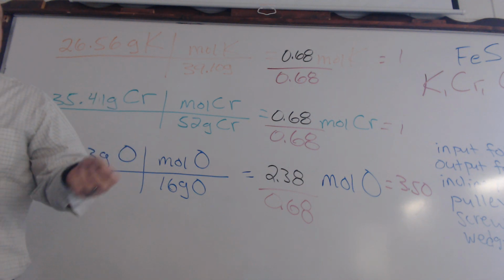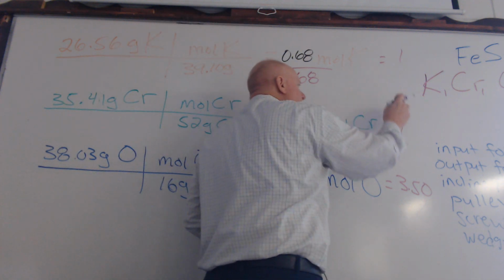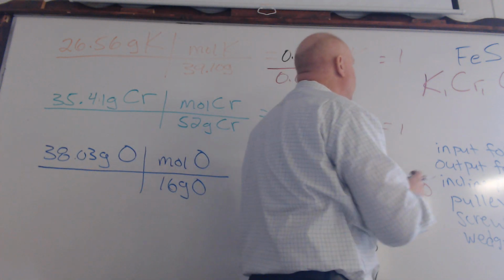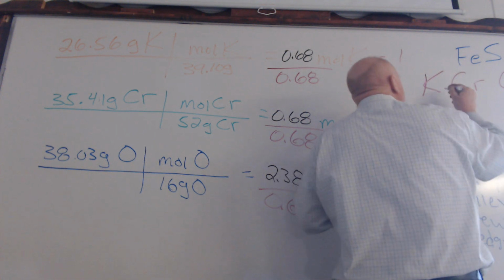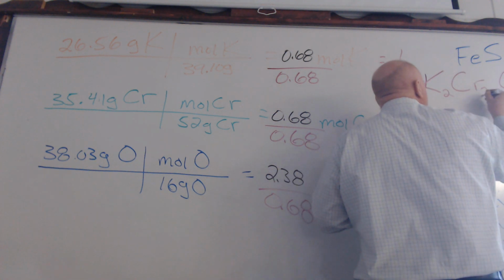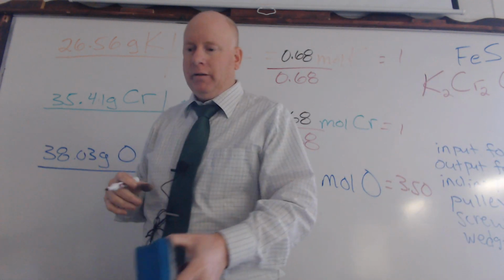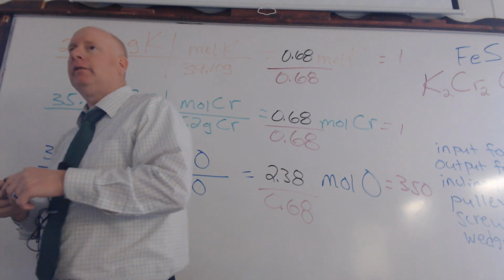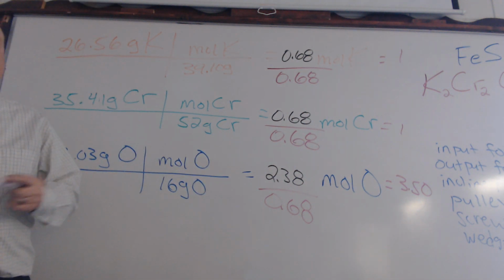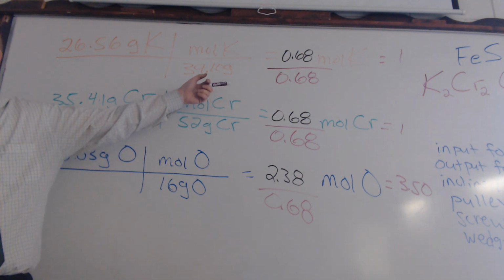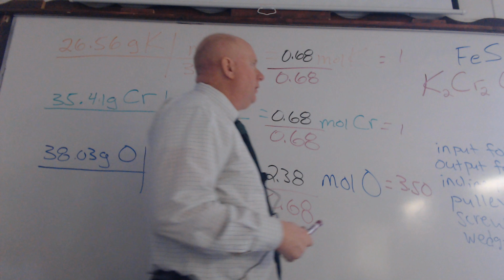So what that means then, if you double each and every one of these, you change that to what you had just said, K2Cr2O7. That's correct.